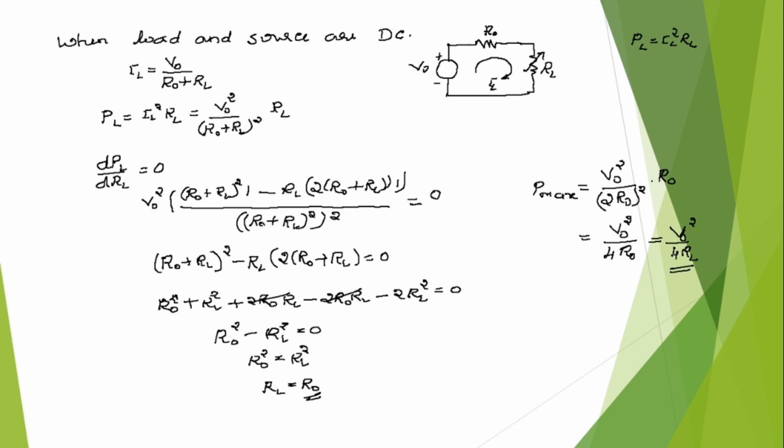So this is the maximum power transferred because RL equal to R0. Okay, this is when DC circuit is connected to DC load.